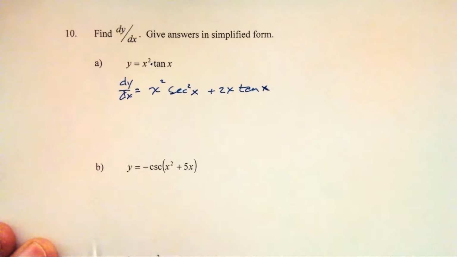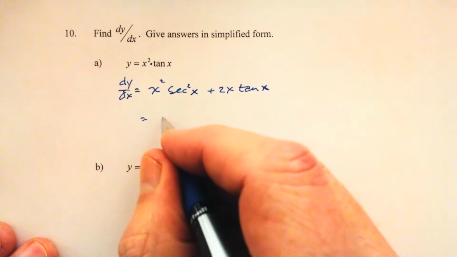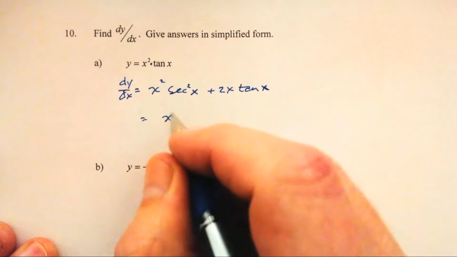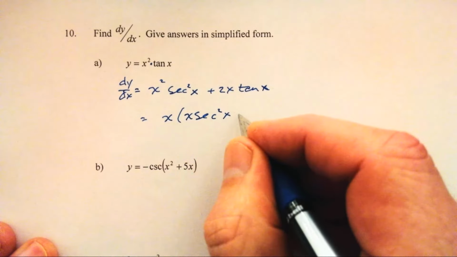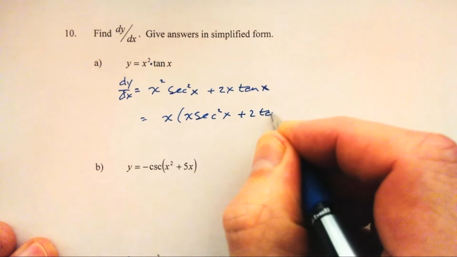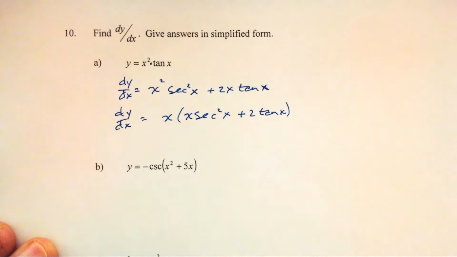But as always, we are going to take these and put them in their more useful form, which is factored. So I can factor an x out of each of these, and that's about it. And I get x times (x secant squared x plus 2 tangent x). There's my dy dx. Simple.